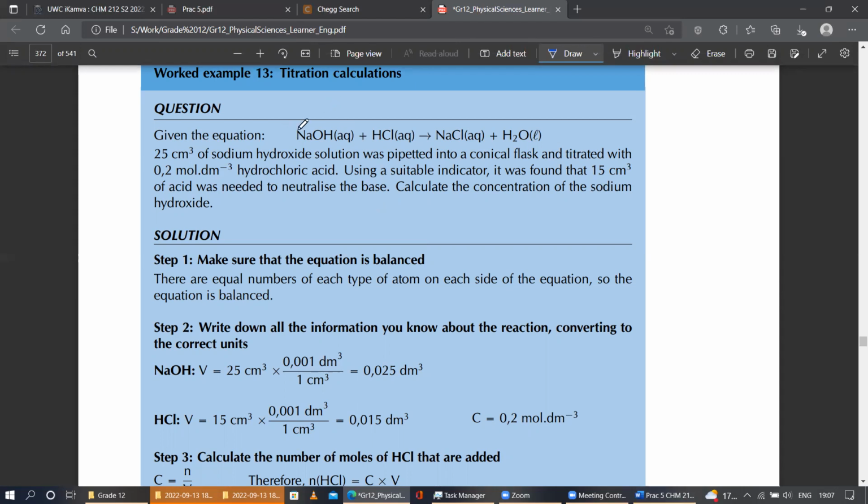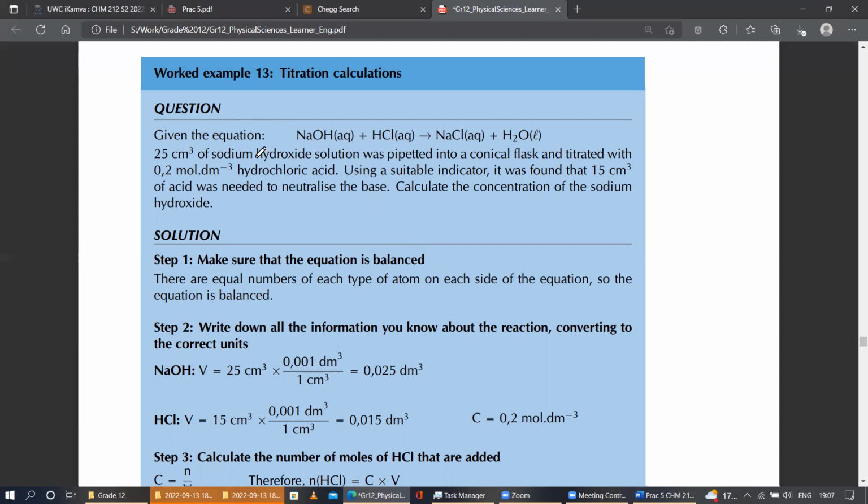So here we have a solute. We have an equation, a chemical reaction. They say 25 cubic centimeters of NaOH solution is pipetted into a conical flask and titrated with 0.2 M of hydrochloric acid.